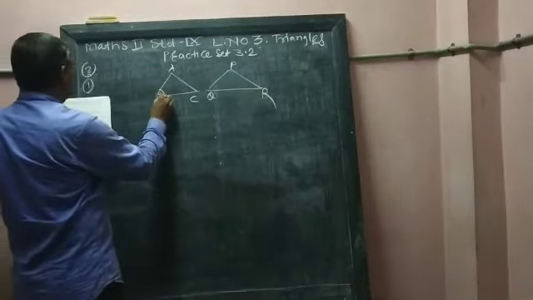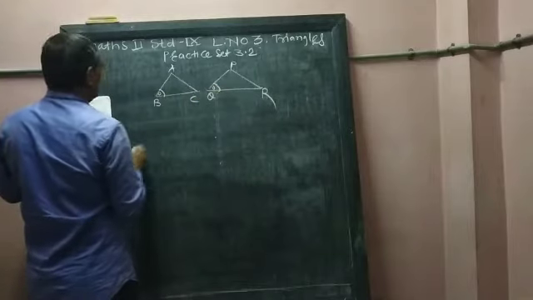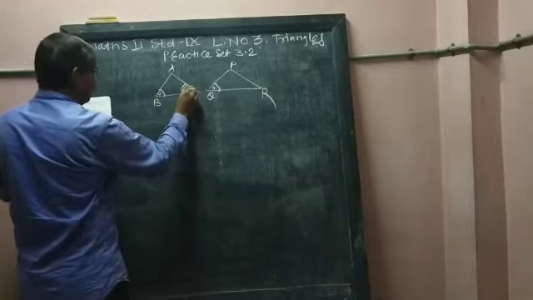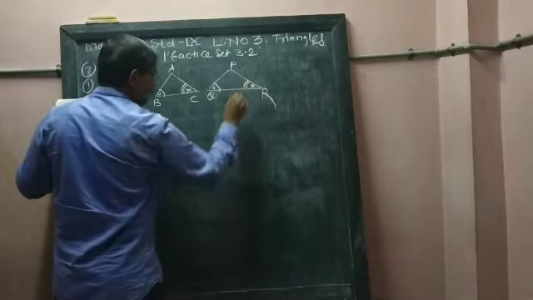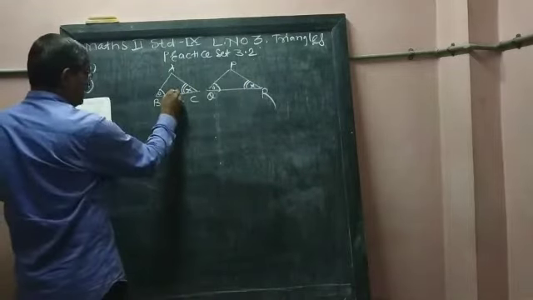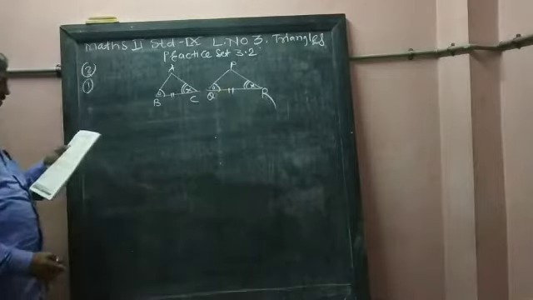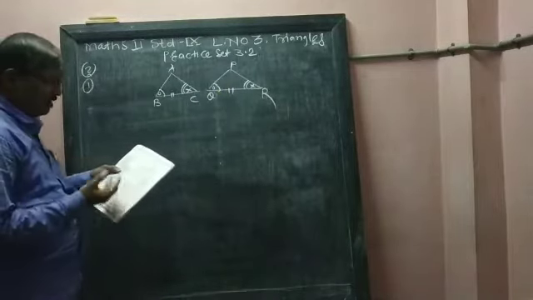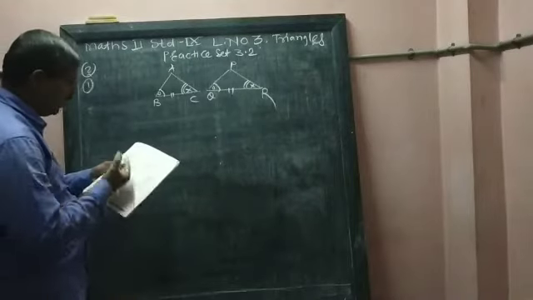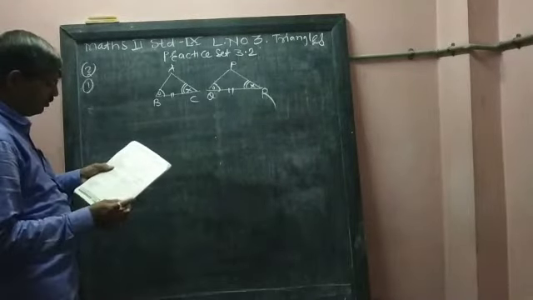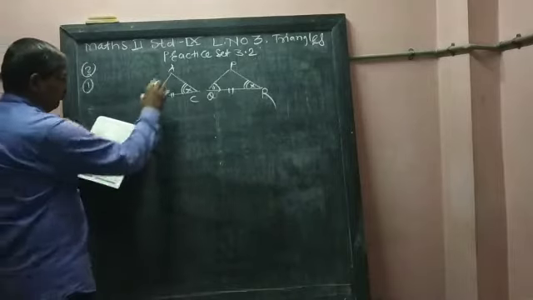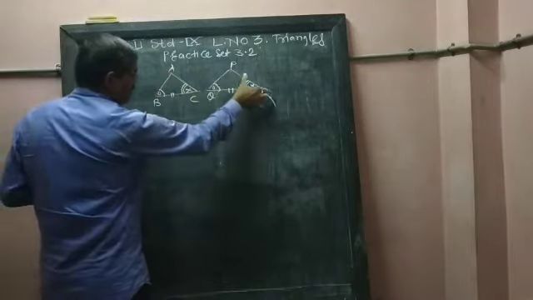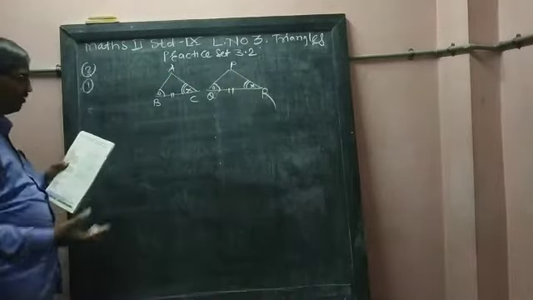Here angle B, angle Q. Which angles are congruent and which sides are congruent to each other is mentioned, and we have to solve that. An activity-based question is given, so we will solve it. We must prove which side is congruent to side AB and which side is congruent to side PR. That we have to find.